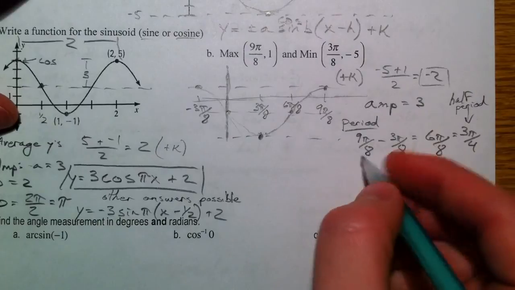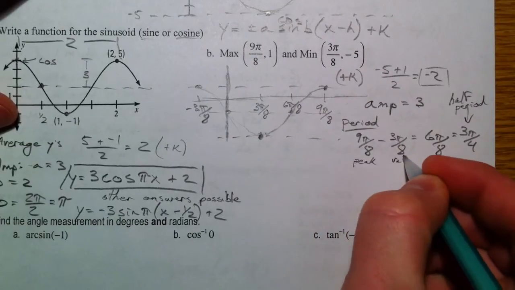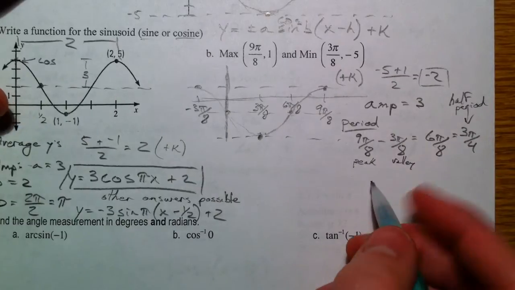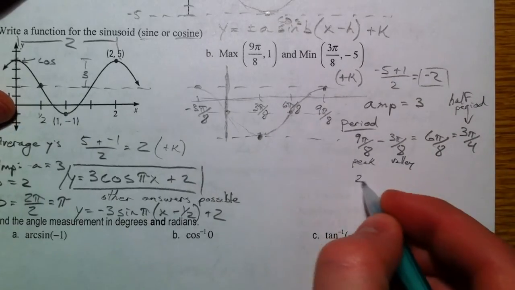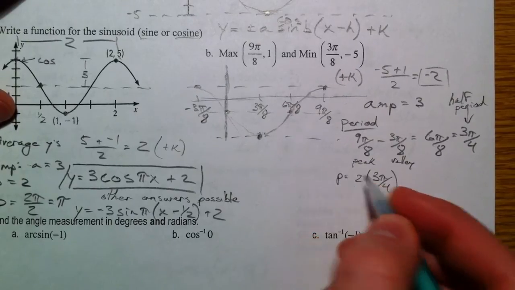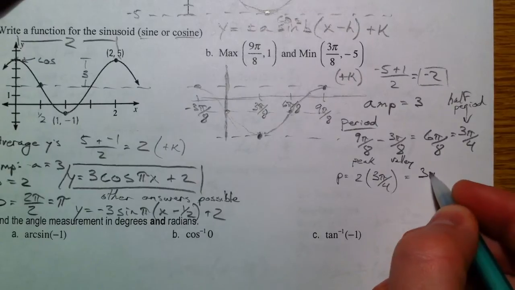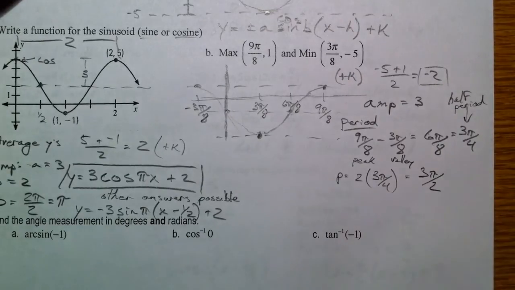Because that's peak to valley. And so the period is actually double that, 2 times 3 pi over 4, which is going to be 3 pi over 2. 6 pi over 4, which reduces to 3 pi over 2.